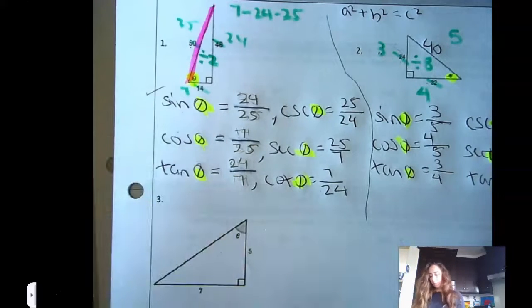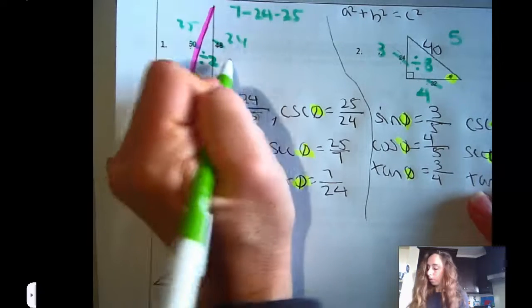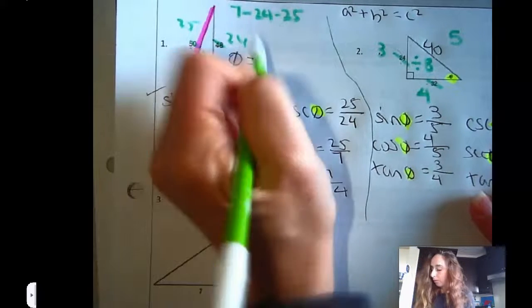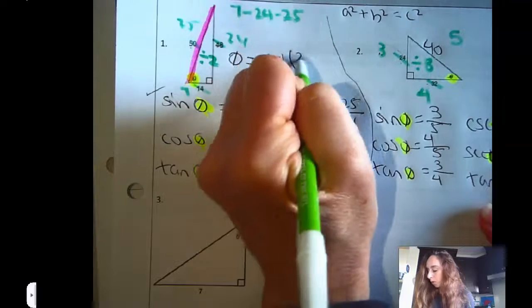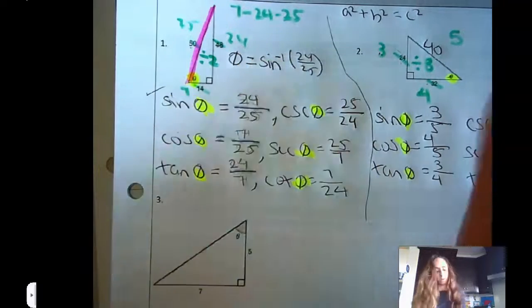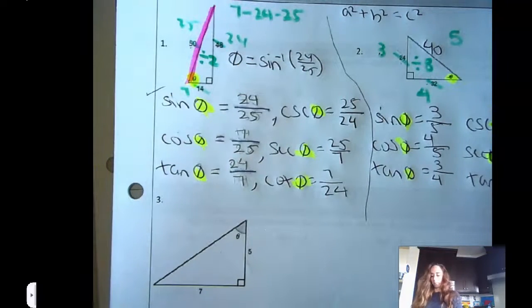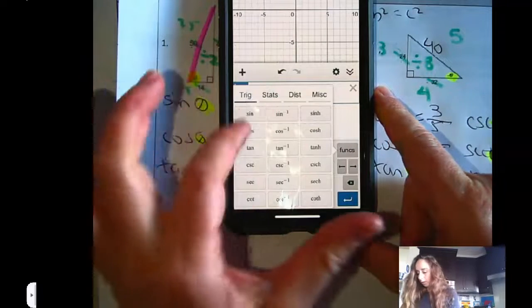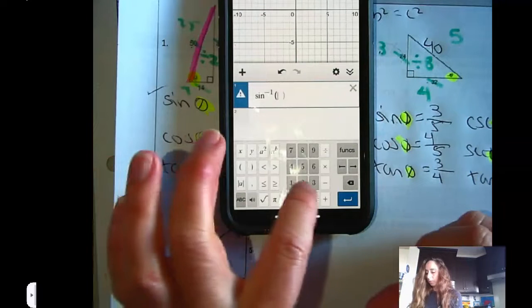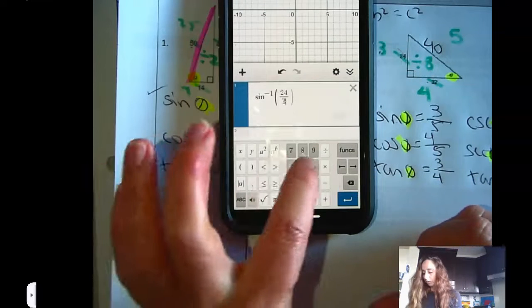Okay? So if I'm going to find the actual value of theta, I have to do the inverse sine of 24 over 25. So I'm going to do that right now on my calculator. Okay, so I go to functions, I come over here, oh, it's right there, inverse sine of 24 divided by 25.